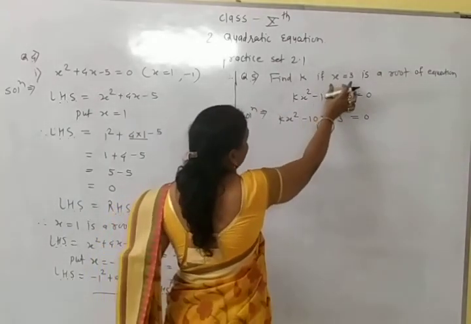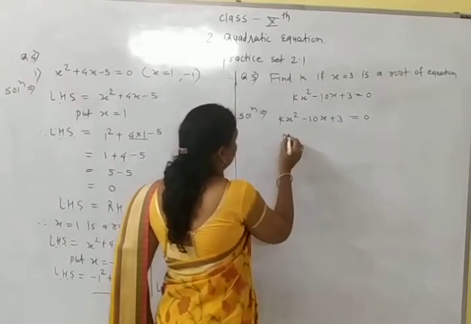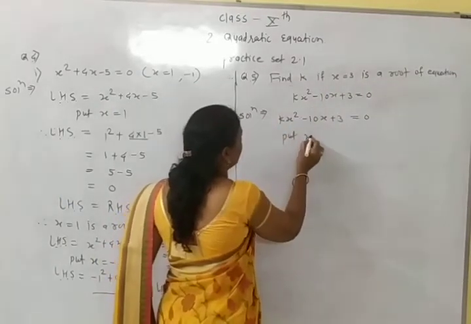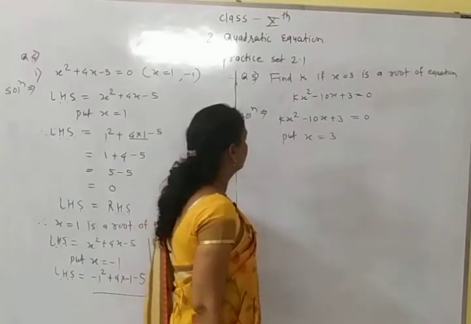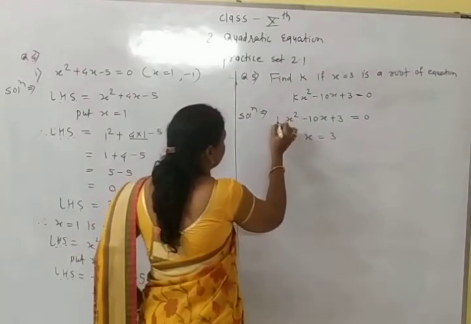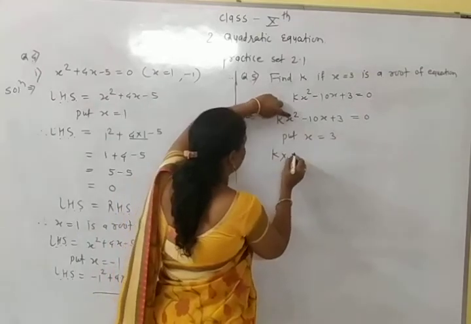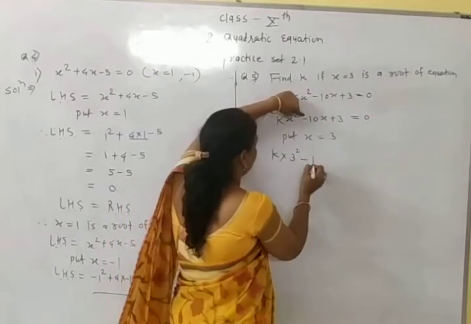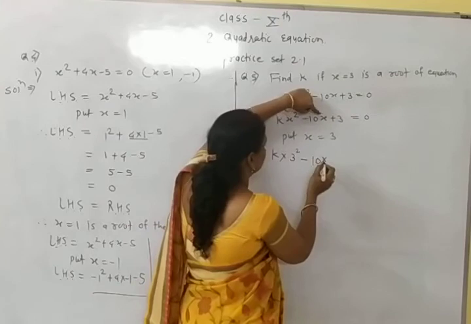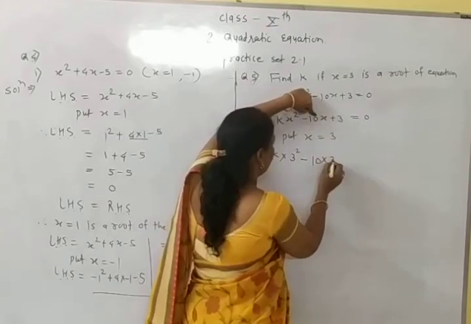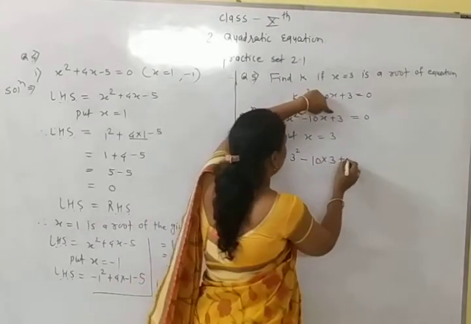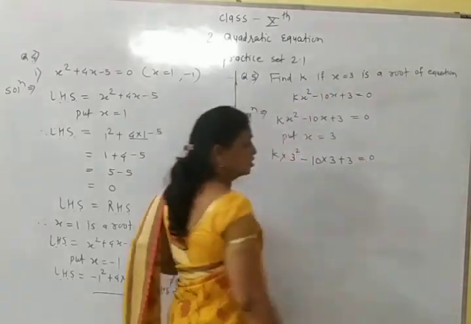Put x equal to 3 in this equation and find the value of k. Then k into 3 square minus 10 into 3 plus 3 equal to 0.